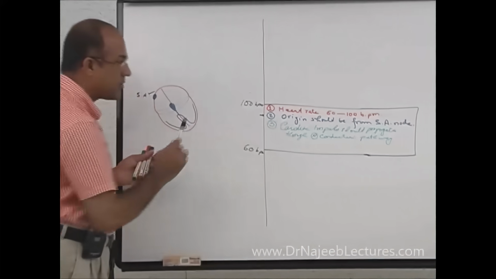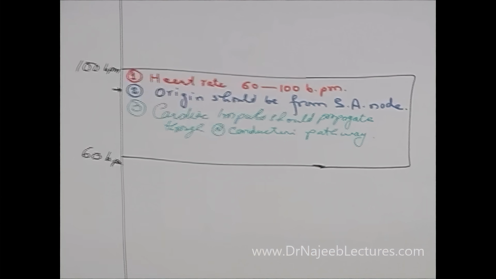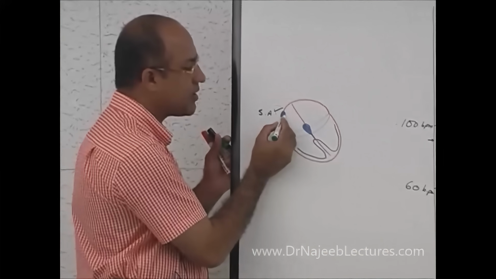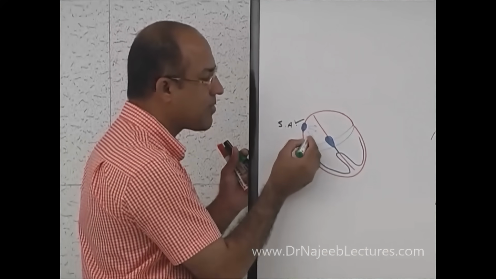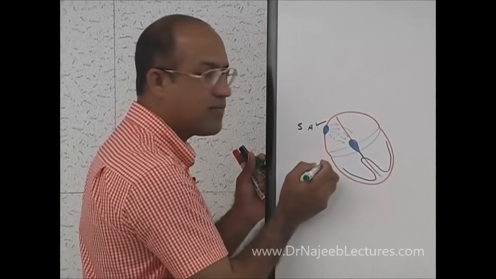Third criteria is what? That once the current has originated from the SA node, it should pass through the normal conduction pathway. What is the normal conduction pathway? From the SA node, it should spread to the atria. From the atrium, depolarization should come to the AV node.